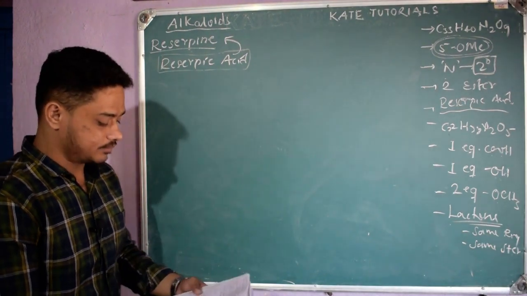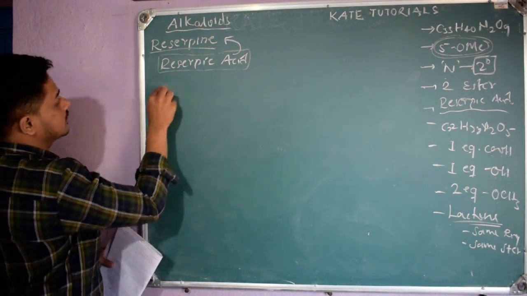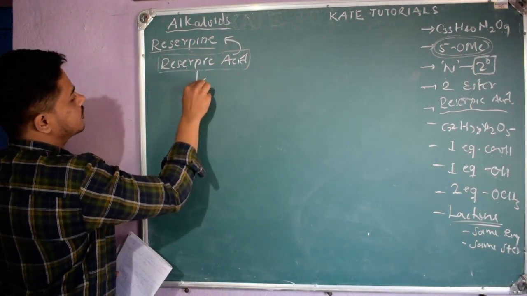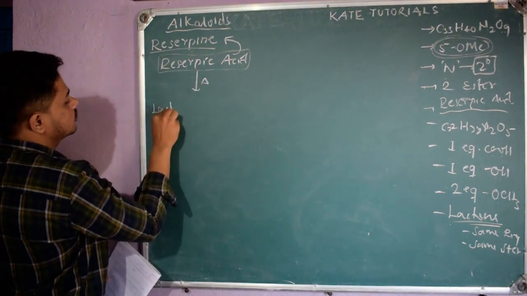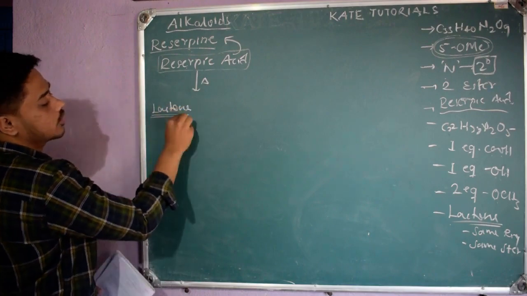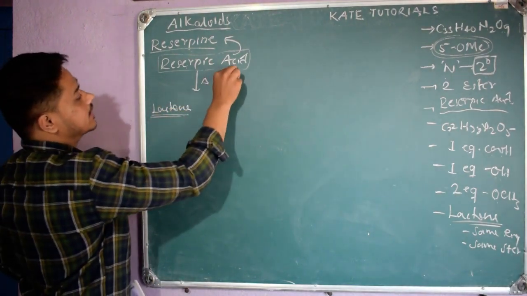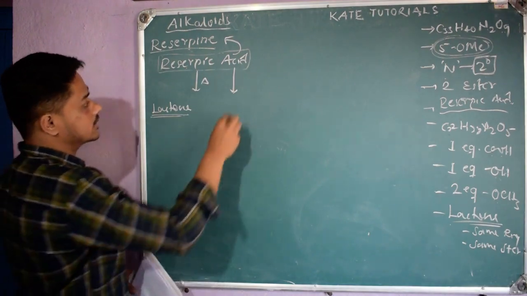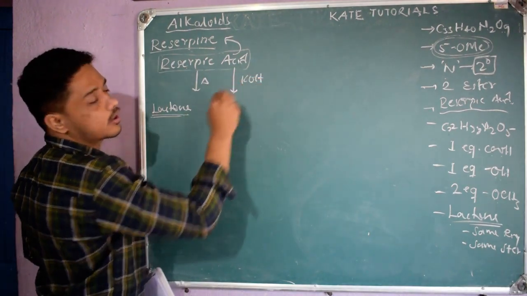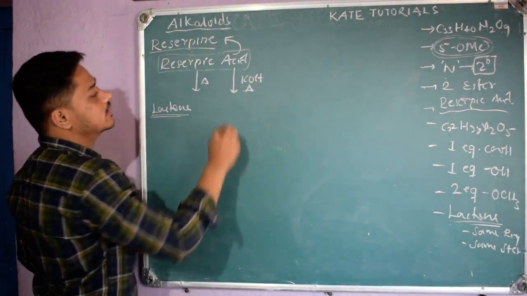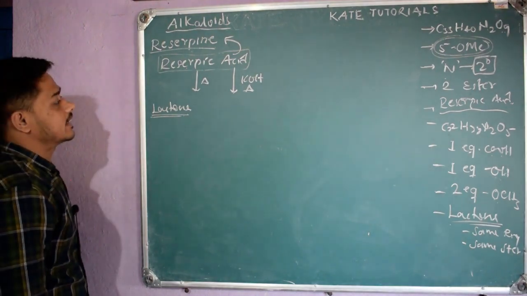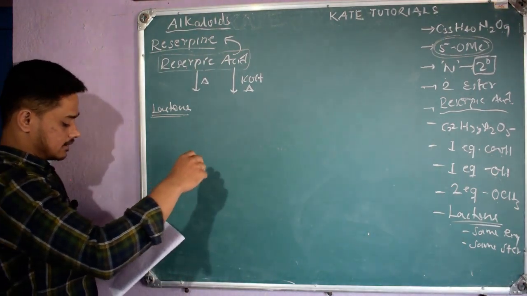Not only heating, what they did, they took this reserpic acid. If they heated it, they got the lactone, right? To give evidence, they did a few more reactions. One more reaction was with KOH. They added this strong base, KOH pellet, and heated it. So they did a KOH fusion reaction. Again they got this thing.